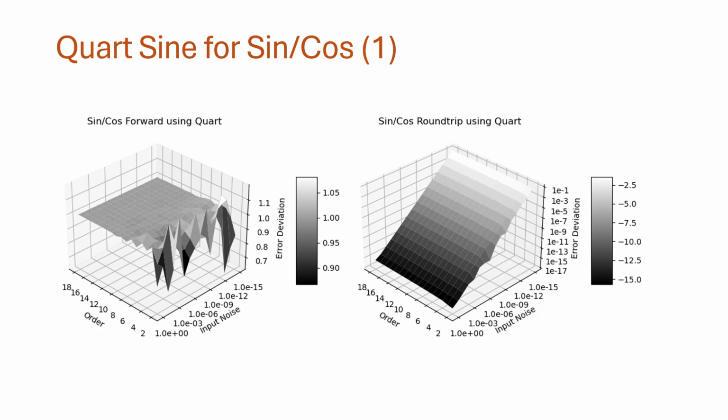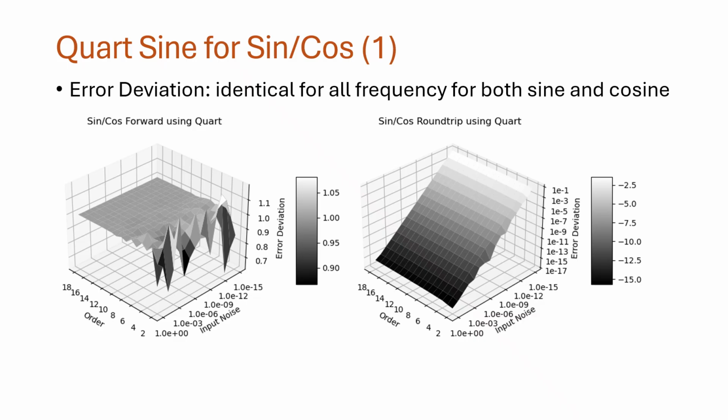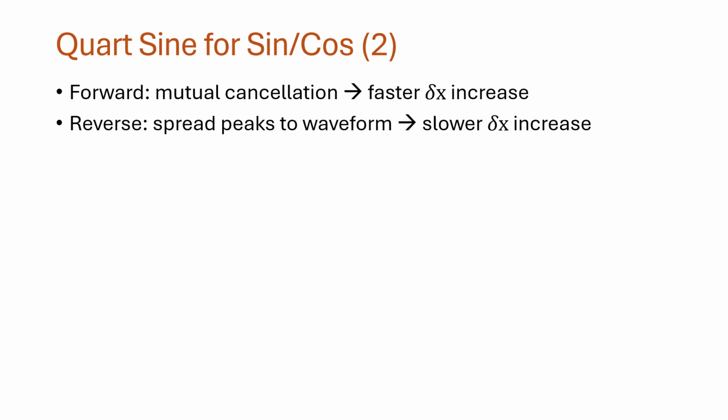This is quite similar to what we see in the distribution test versus the value test. And because these pictures are identical for all frequencies for both sines and cosines, we can pull all the data together as a sine and a cosine signal.